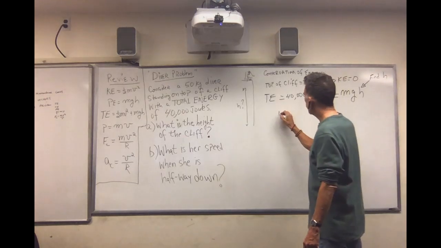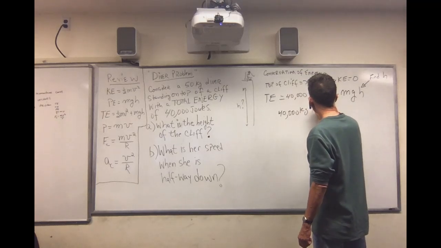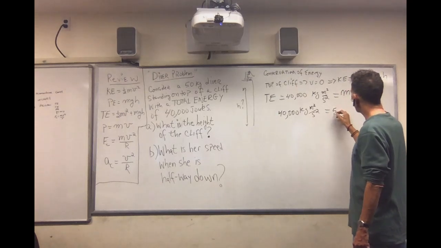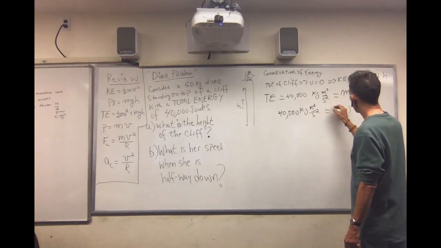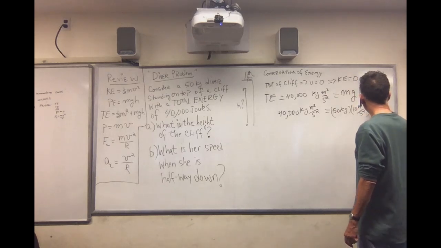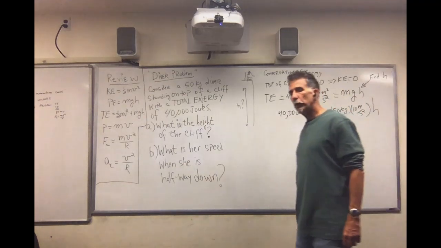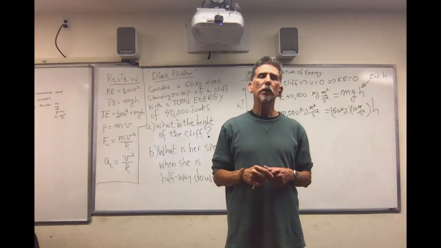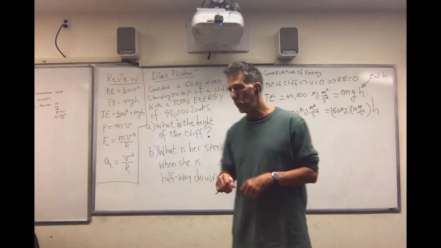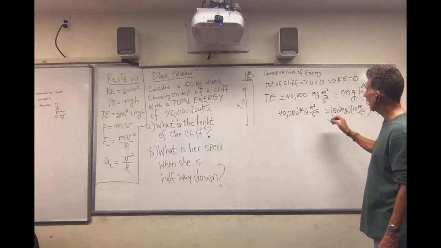40,000 kilogram meters squared per second squared is equal to mass, we said was 50 kilograms. G, we're taking to be 10 meters per second squared, and then we have h. Now remember, we're looking for h, and what that means is all the units should cancel, and we should just be left with units of height, and for us, that's going to be meters. We have kilograms on this side, we have kilograms on that side.